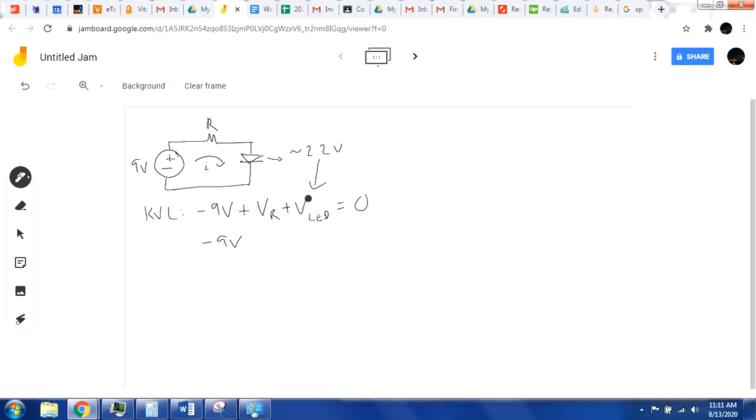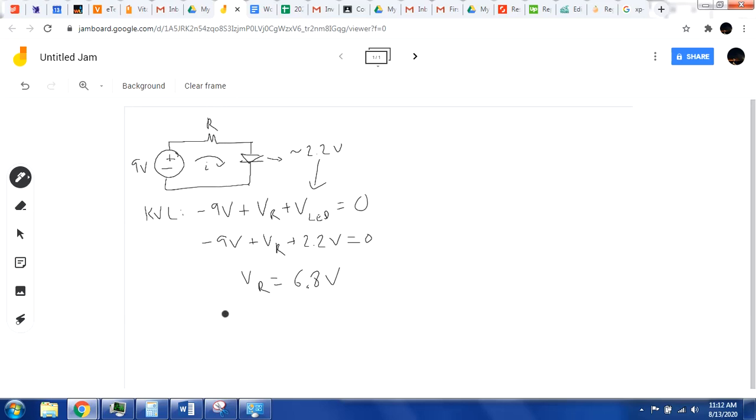You'll want to follow the directions in the lab, though. It may not be 2.2 volts. I think I have you measure it. So maybe we measure that quantity. So VR plus 2.2 volts. If we simplify this, we get that the voltage drop across our resistor is just going to be 6.8 volts.